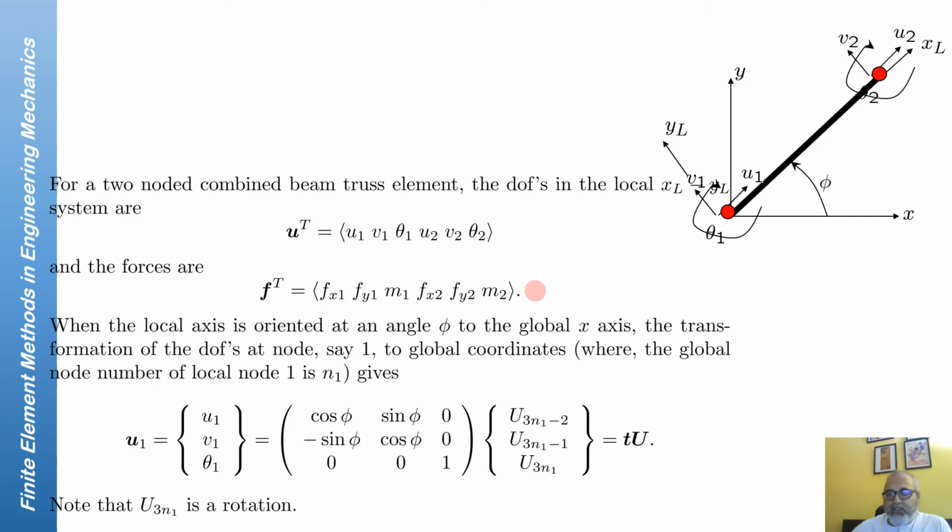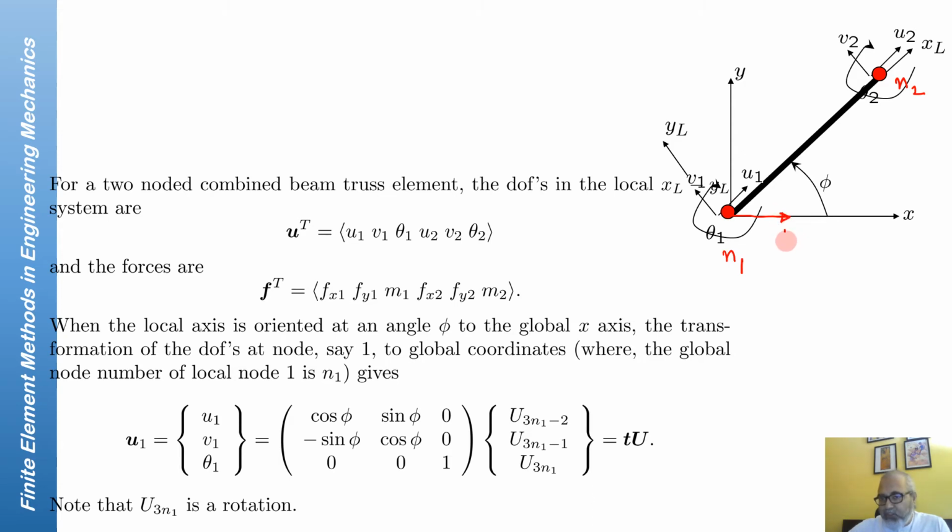We have, for example, degrees of freedom 1 at node number 1: degree of freedom 1 equal to u1, 2 equal to v1, and 3 equal to theta 1. If the global node number of this is n1 and of this is n2, remember there are 3 degrees of freedom per node.